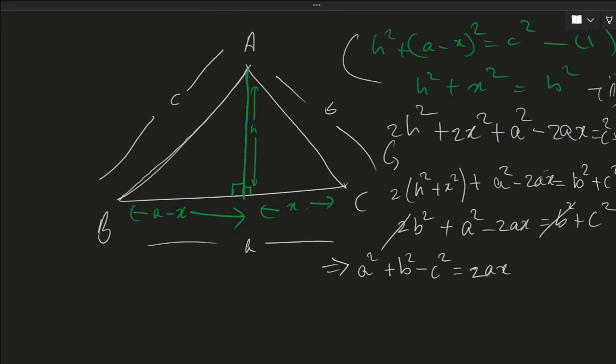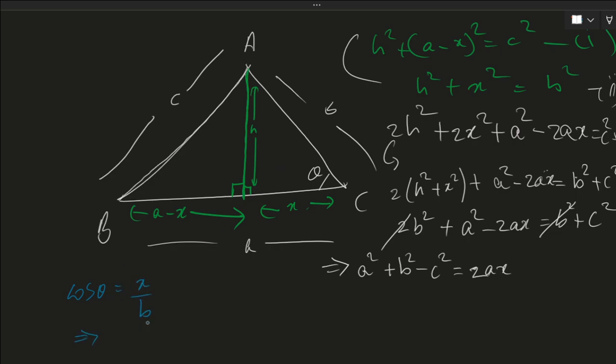2ax. Now, if you notice here, let's call this angle theta. Then what's cos theta? Cos theta is basically x by b.